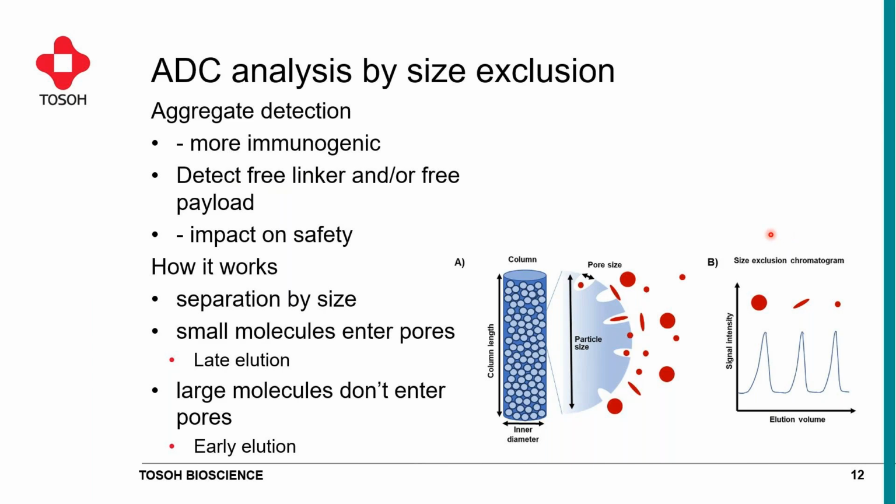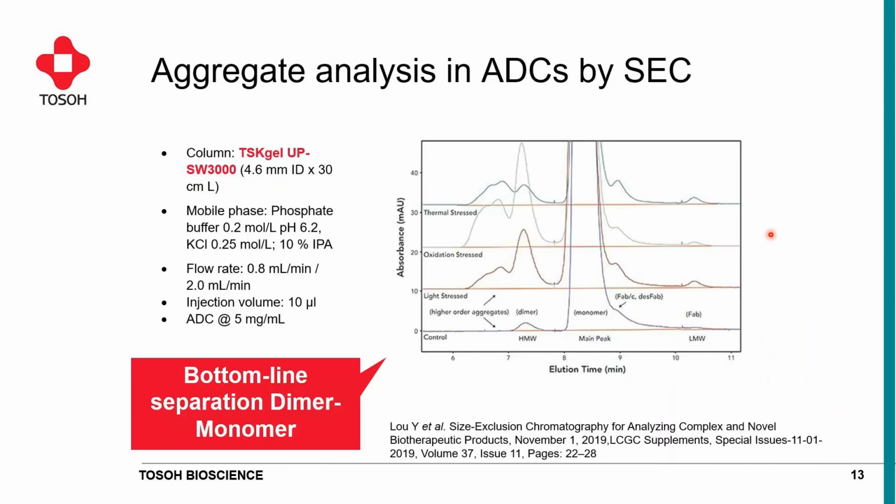Now, the first thing I would like to look into is the aggregate analysis, which is still rather conventional, I would say. What was done here is an ADC was employed. It was exposed to different kinds of stress, for instance, light or oxidation or thermal stress, in order to get more aggregates and to monitor them by size exclusion chromatography.